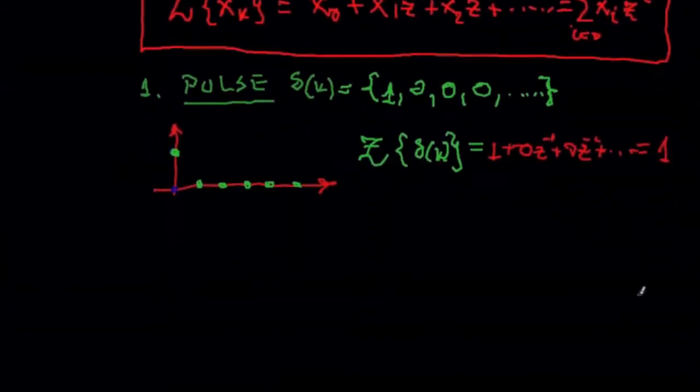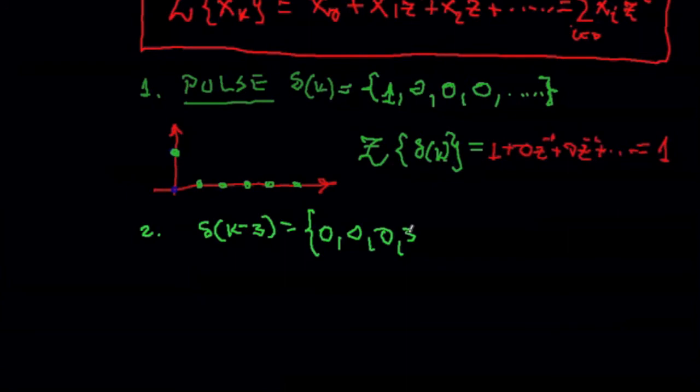What if we have a different pulse function, for example delta k minus 3? No problem.